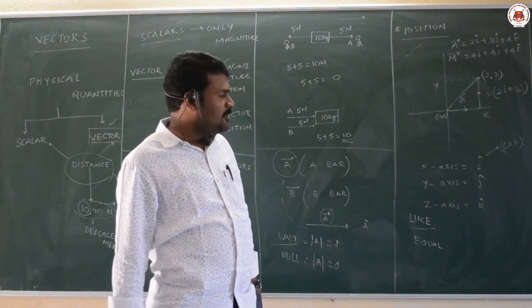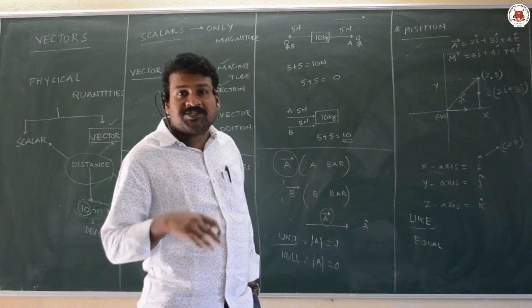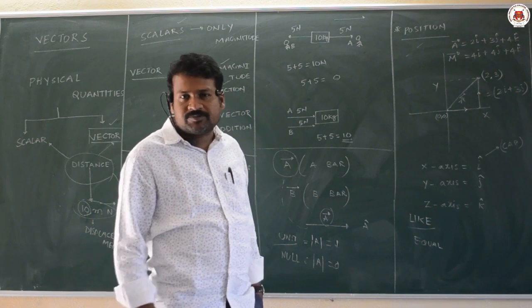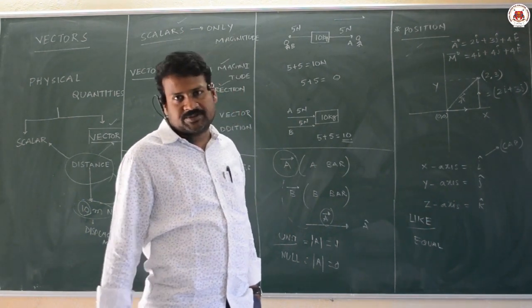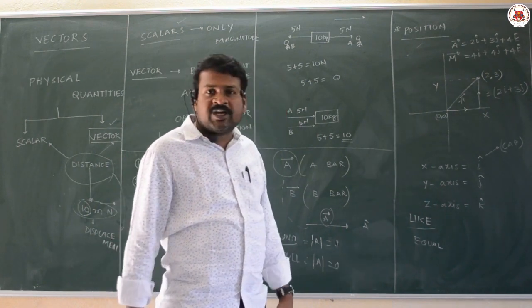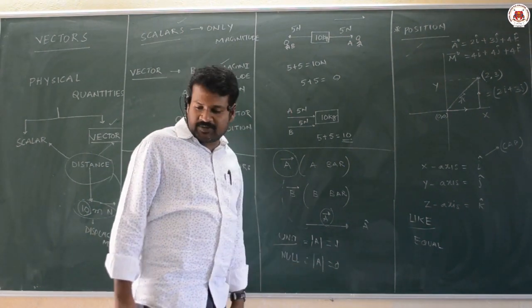Collinear means on the same line. Co-initial vectors have the same initial point. Okay, this is about types of vectors. For a null vector, magnitude is 0 and direction is undefined. That you have to remember: direction is undefined.